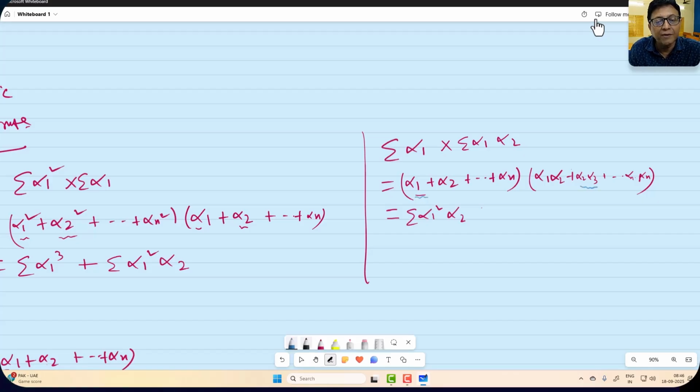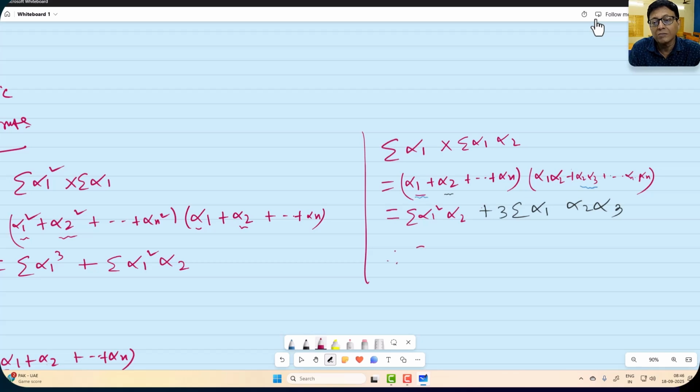That is clarified. But the question is, how many times will it occur? Now, if you multiply alpha 2 with alpha 1 alpha 3 here, you will get it. Similarly, alpha 3 with alpha 1 alpha 2, you will get it. So, in general, if you combine alpha 1, alpha 2, alpha 3, then it is coming thrice. So this is going to be 3 into sigma alpha 1 alpha 2 alpha 3.